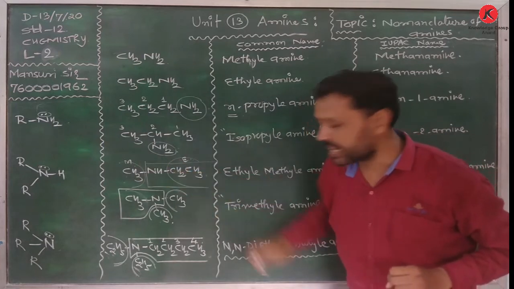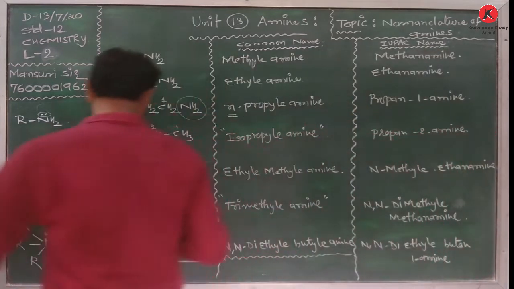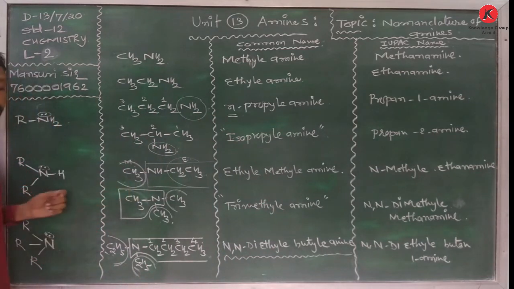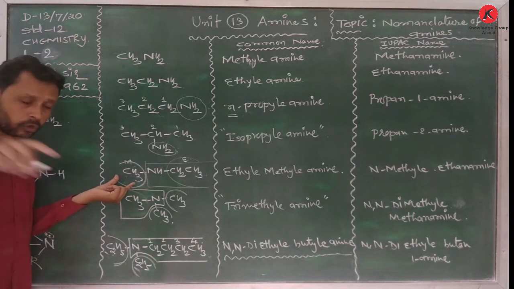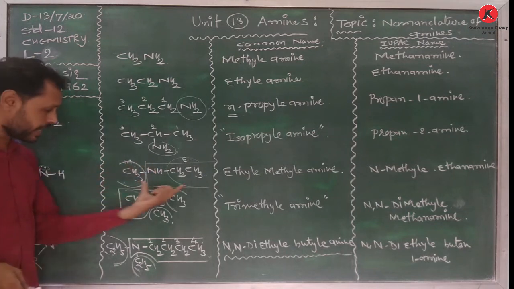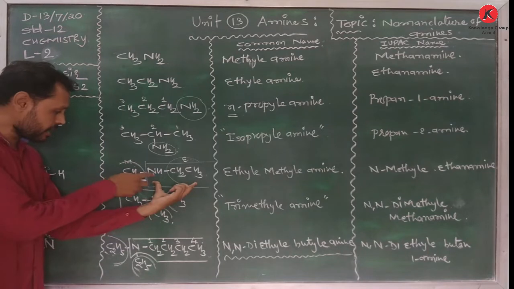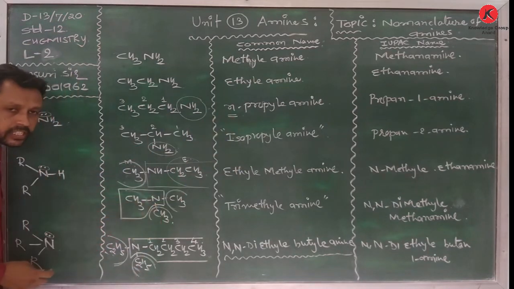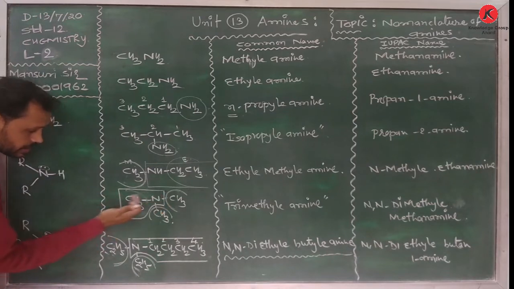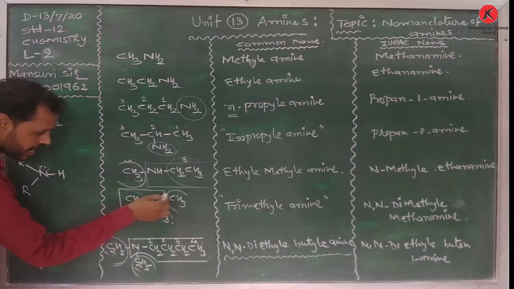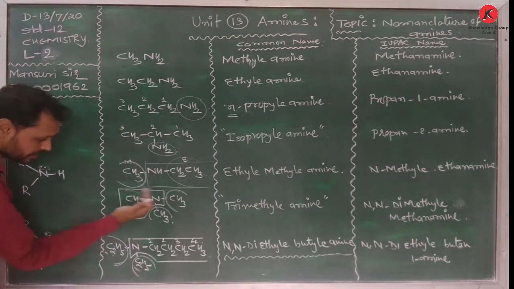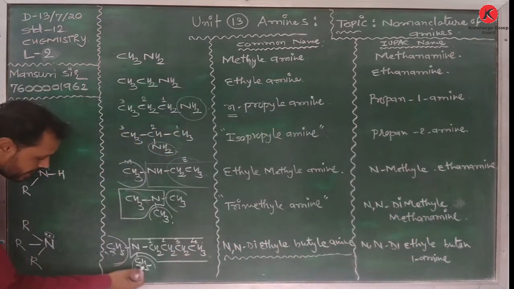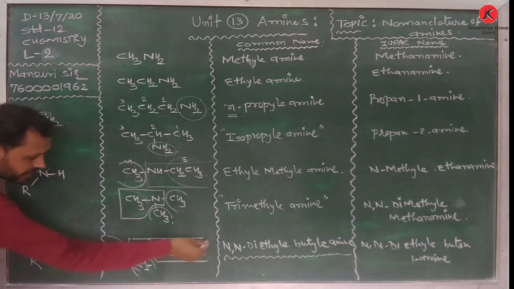Here ethyl and methyl, but the alkyl group with the least number of carbons is attached on nitrogen, so N-methyl ethanamine. Here 2 methyls are attached on nitrogen, and this is the longest chain, so N,N-dimethyl methanamine, and here N,N-diethyl butane-1-amine.